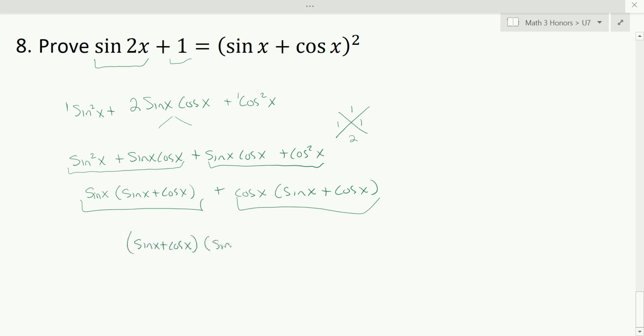And what's left is a sine x plus cosine x. And then that is the same thing as squared. This would show the steps. Okay. All right.